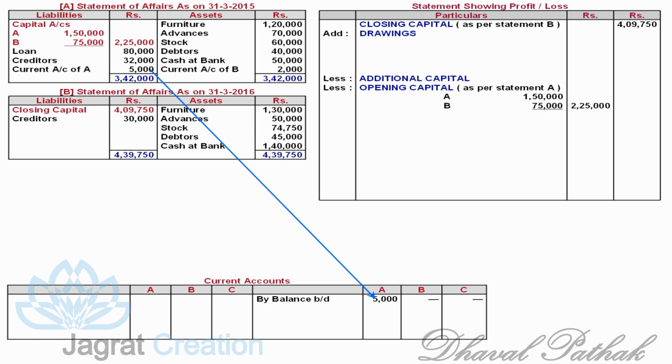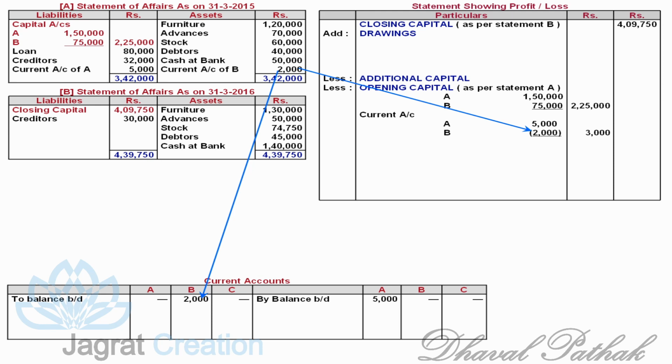So current capital account opening balance 5,000. That is also considered as opening capital to be deducted to find out the profit. Debit balance will go to the debit side of current account and that will be considered with negative sign. So opening current capital balance is 5,000 minus 2,000. That works out to be 3,000. This is the fixed capital. This is the total opening capital will be deducted from this closing capital to find out the profit.